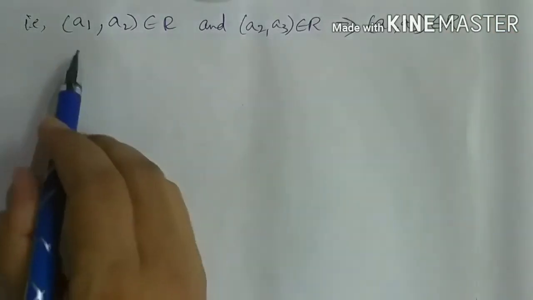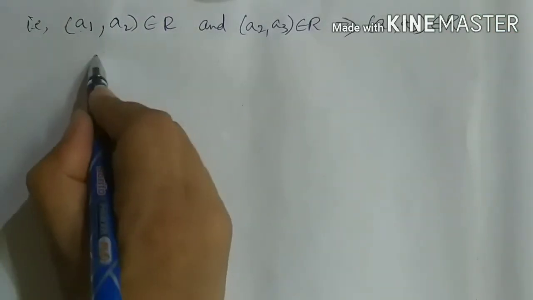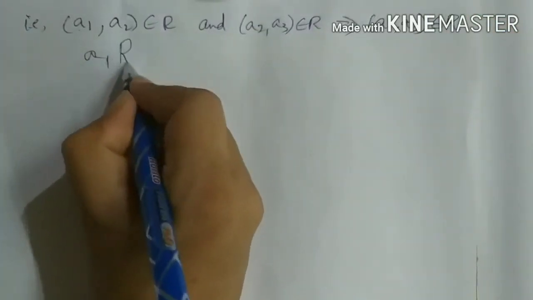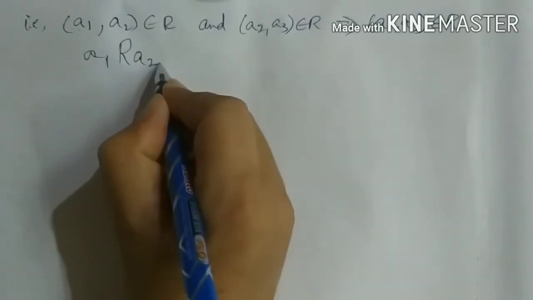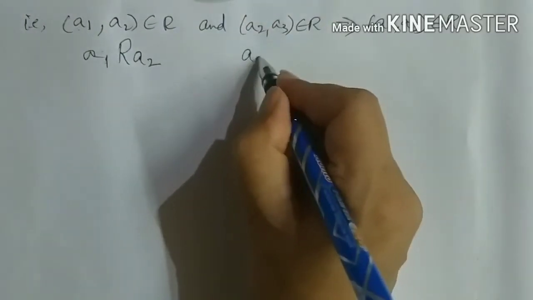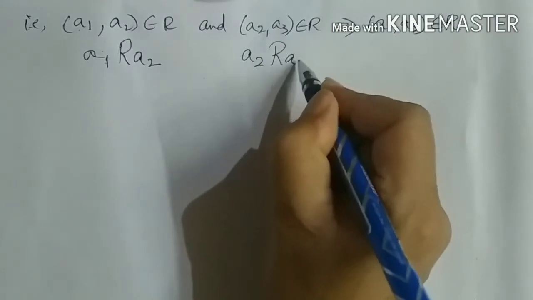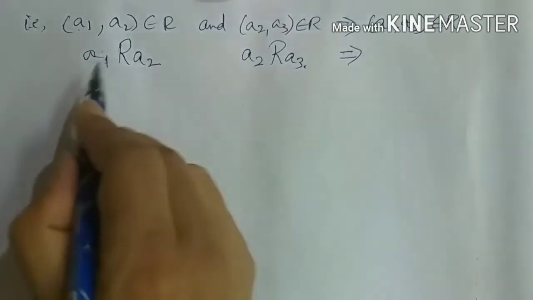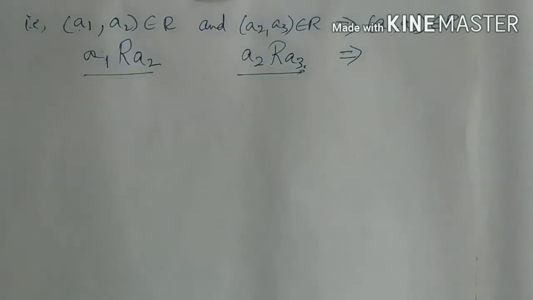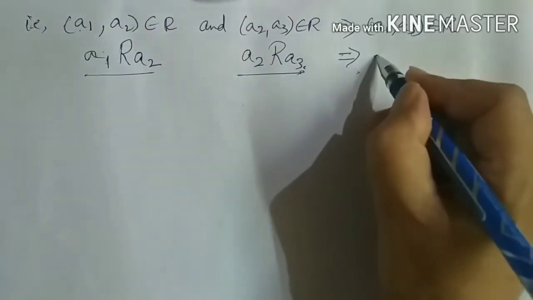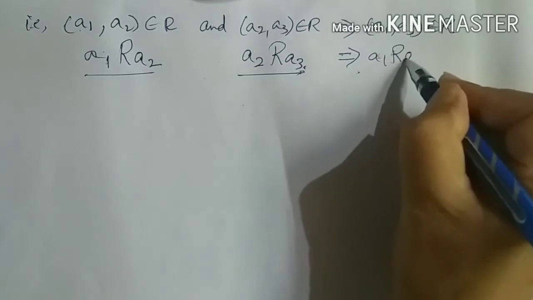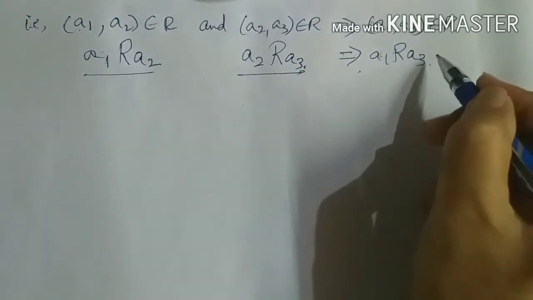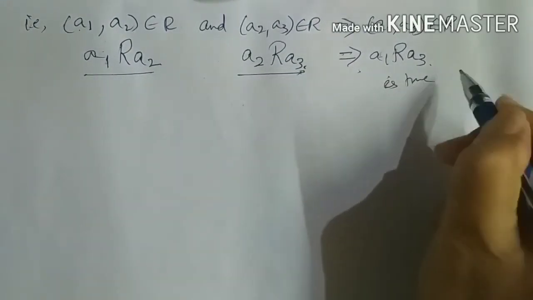The meaning of this is that a1 related to a2 should be true. Similarly, a2 related to a3 also should be true. If both relations are true, that should imply that a1 related to a3 is true.